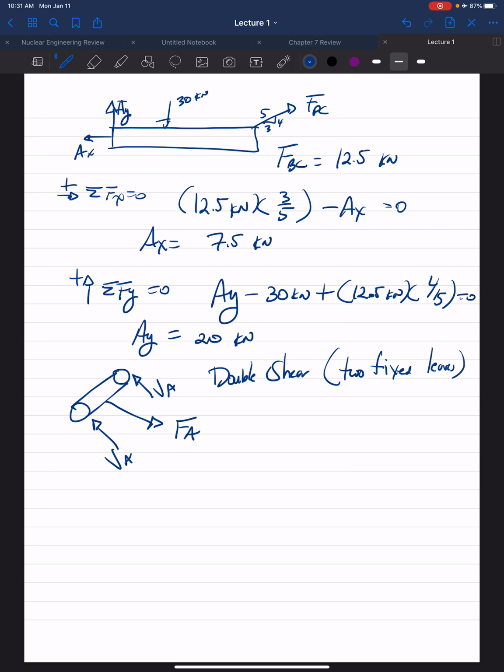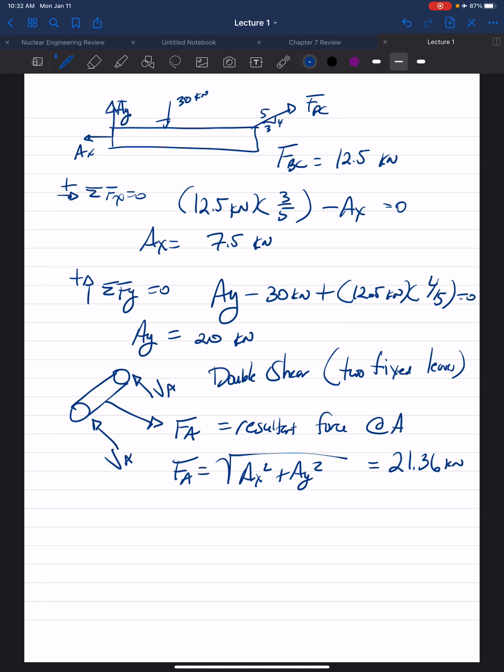There's two shearing surfaces. So then to get our FA, which is the resultant force at A, back to our chapter 2 concepts, that is the square root of AX squared plus AY squared, which we saw for AX and AY, 7.5 kilonewtons and 20 kilonewtons respectively. This becomes 21.36 kilonewtons.